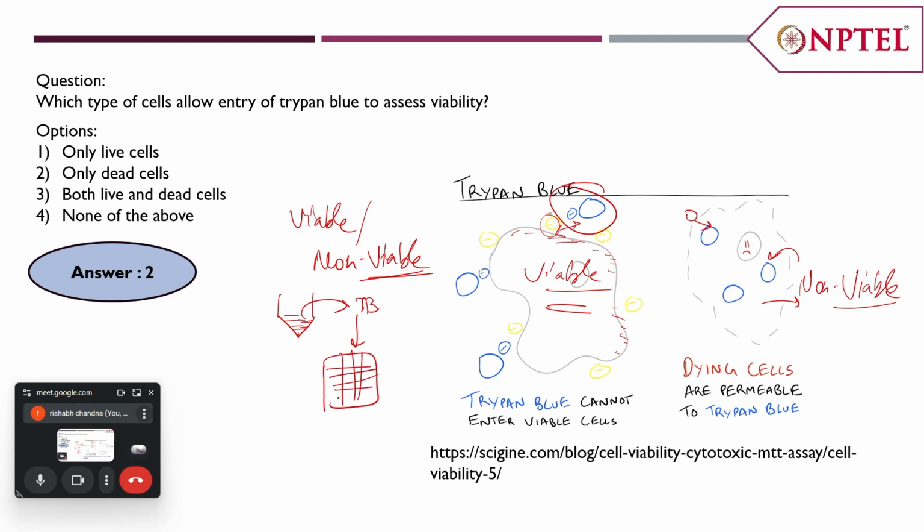Then we can tell the percentage of cells that are viable and the percentage that are non-viable. This is routinely used in cell culture when we have to freeze the cells or revive the cells from the freezing medium, to assess viability or non-viability of the cells.